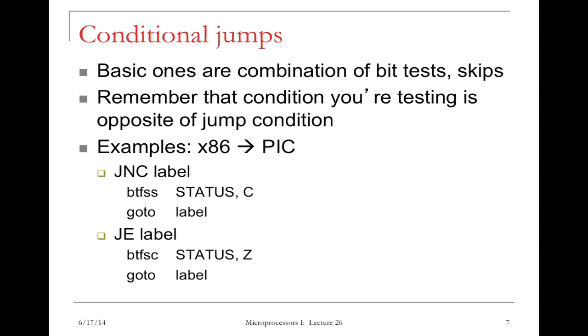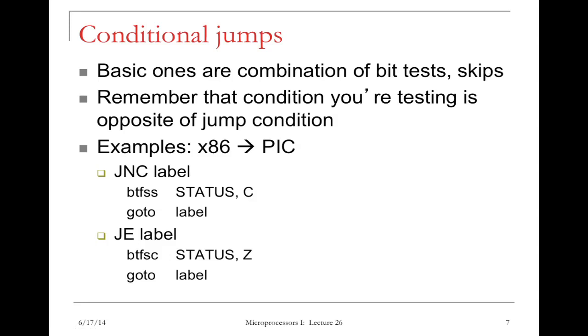So let's see, to implement the same operation, how we're going to do it in PIC. We do bit test a register, skip if the bit is set. That's BTFSS. We're going to test the carry bit in the status register. So you see here STATUS, comma C. We will skip the next instruction if C is set.